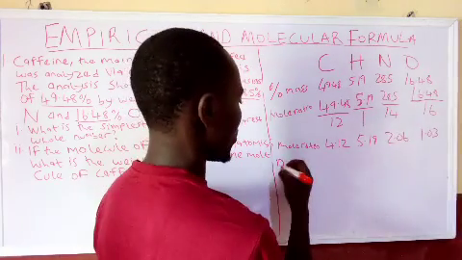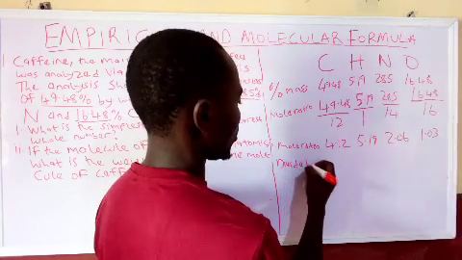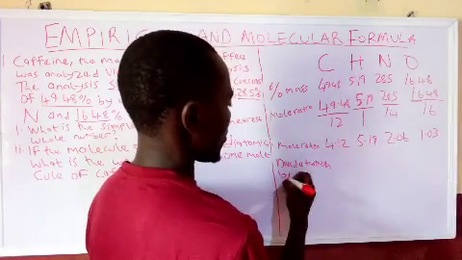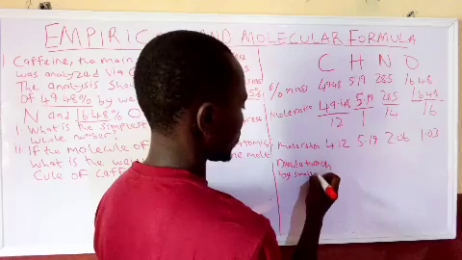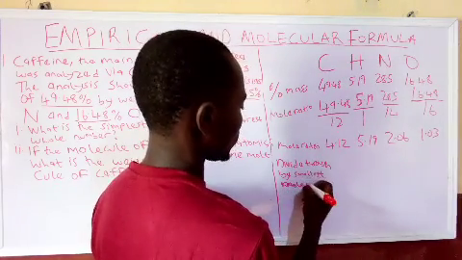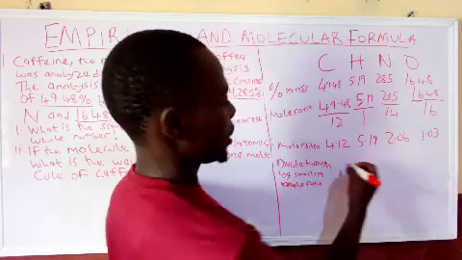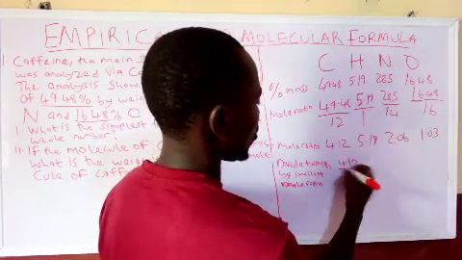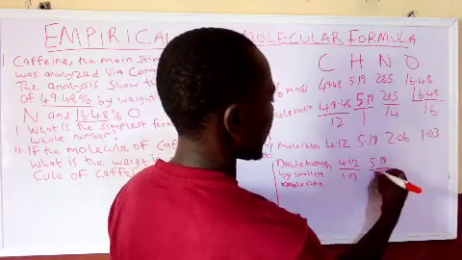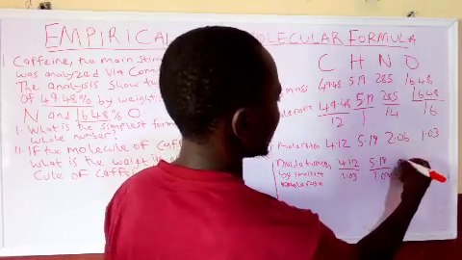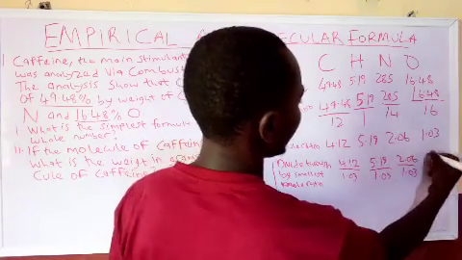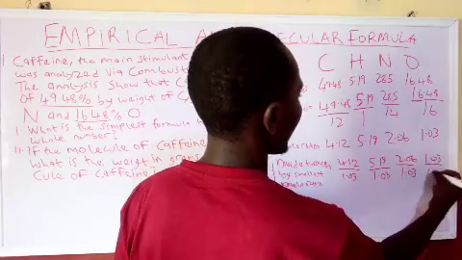So the next thing you do, look at the smallest mole ratio there and use it to divide through. So when you do that, what you have is 4.12 over 1.03, 5.19 over 1.03, then 2.06 over 1.03, then 1.03 over 1.03.